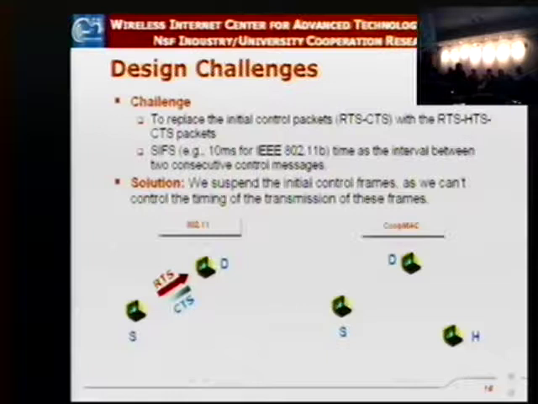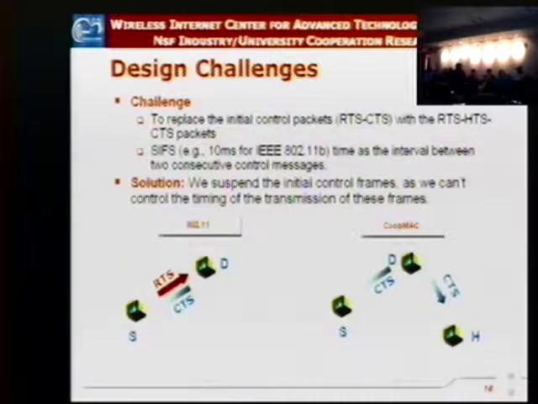Let's see now the design challenges we faced during the implementation of our protocol. Our first problem was that we wanted to replace the initial control packets, the RTS and the CTS, with the three-way handshake RTS, HTS, CTS, and we wanted this to have an interval of time of SIFS period.